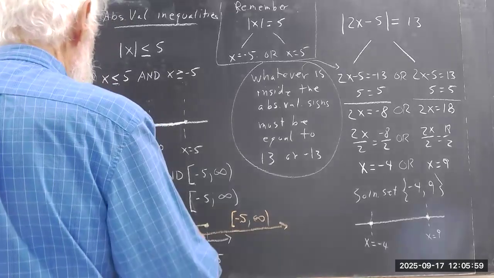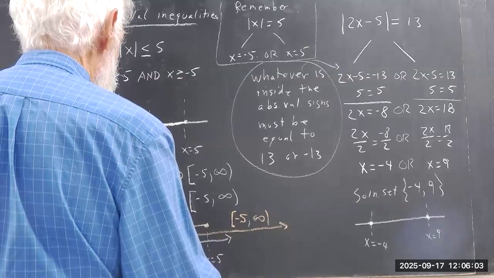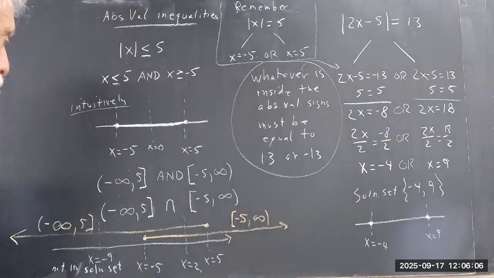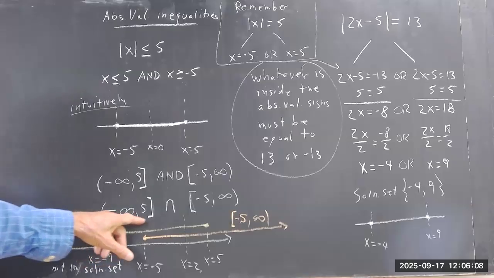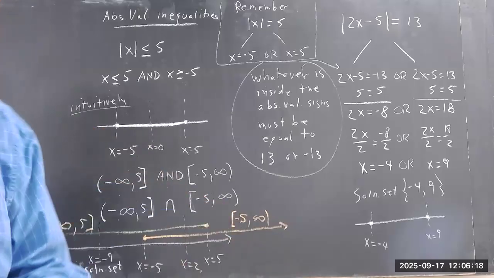Okay, let's try X equals 2. Is X equals 2 in the set -∞ to 5? Yeah, that's less than 5, isn't it? And it's in the yellow. Is X equals 2 in the set -5 to infinity?